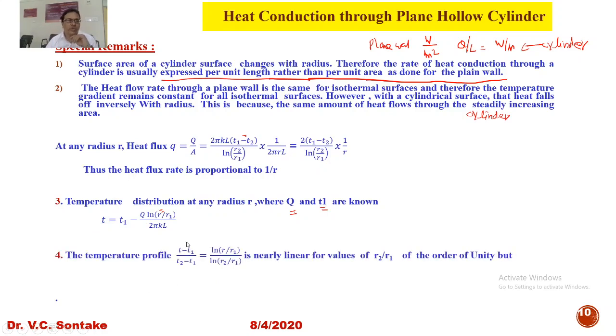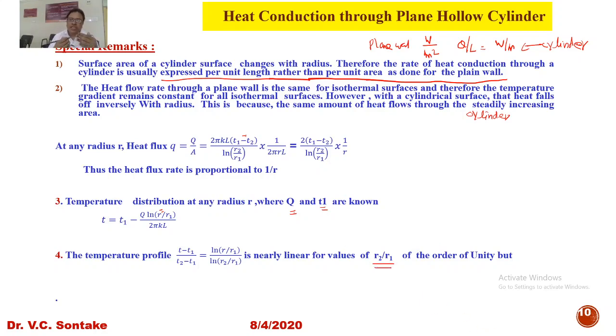And point number 4, the temperature profile, T minus T1 over T2 minus T1 is equal to log of R over R1 over log of R2 over R1, is nearly or almost linear for low values of R2 and R1.